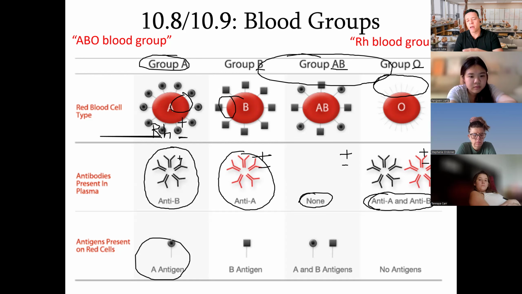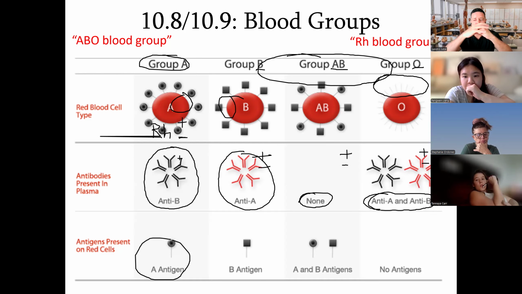Okay? And antibodies are highly specific to antigen. An antibody can only bind to one antigen. The anti-A antibody can only bind to the A antigen. The anti-B antibody can only bind to the B antigen. Okay? And once an antibody binds to an antigen, the antibody will destroy the red blood cell.